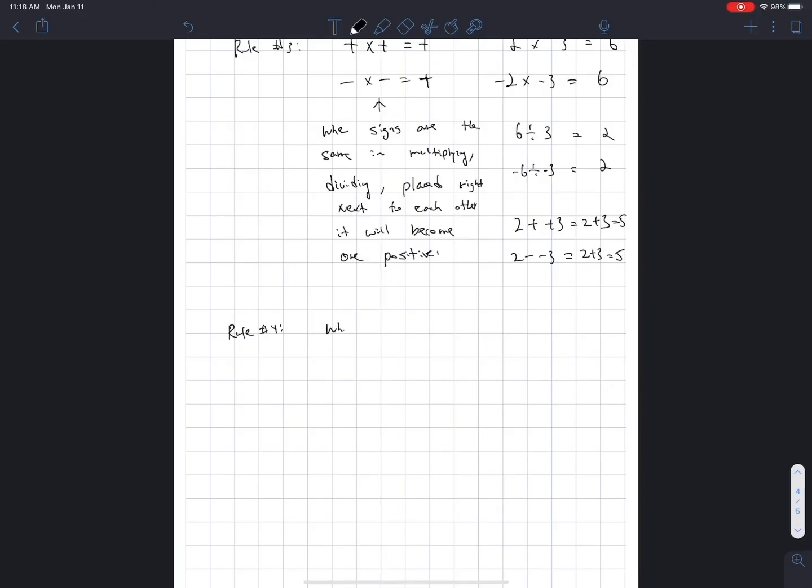Okay. And then rule number 4 is when signs are unlike in multiplying, dividing, or when they are placed right next to each other, it will become 1 negative.